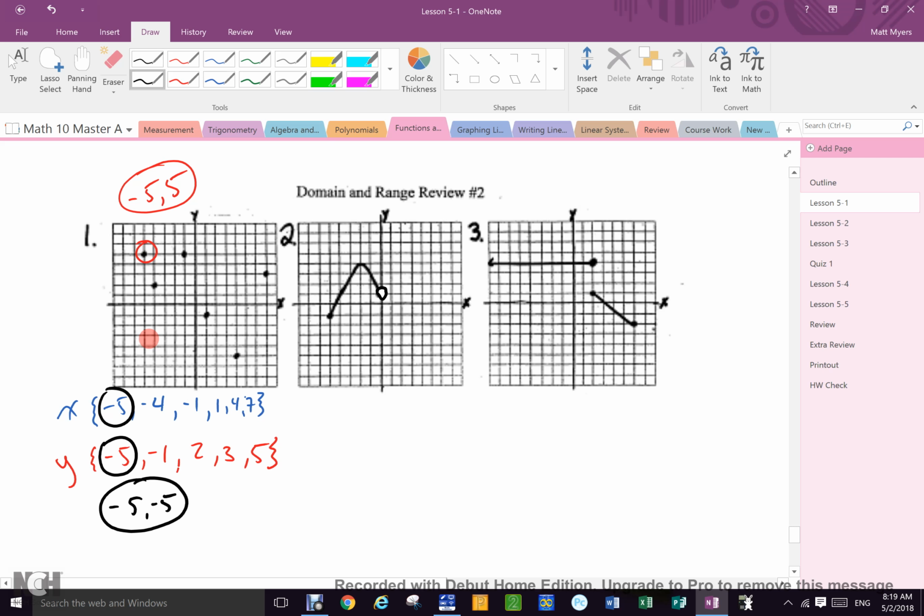Once you have put them into domains and ranges, you can no longer line them up as ordered pairs. Does everybody understand that? These are just x values. Okay? Pardon me?